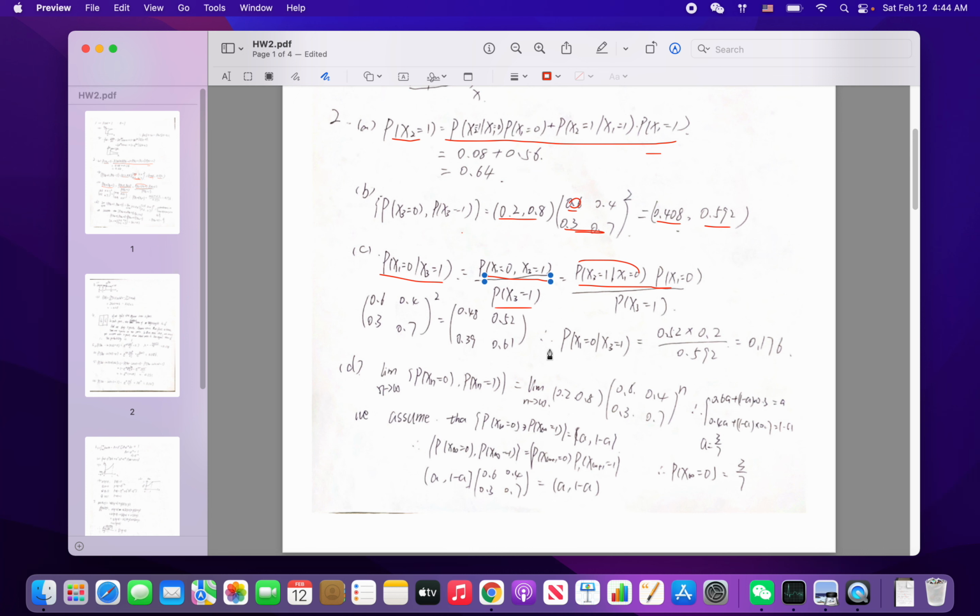And oh, yeah, this we calculated in question B. I explained it in question B, so we can square the matrix to get this probability, which is here.